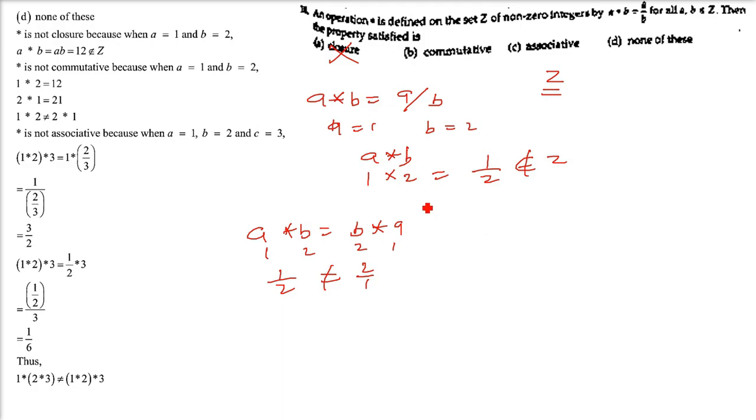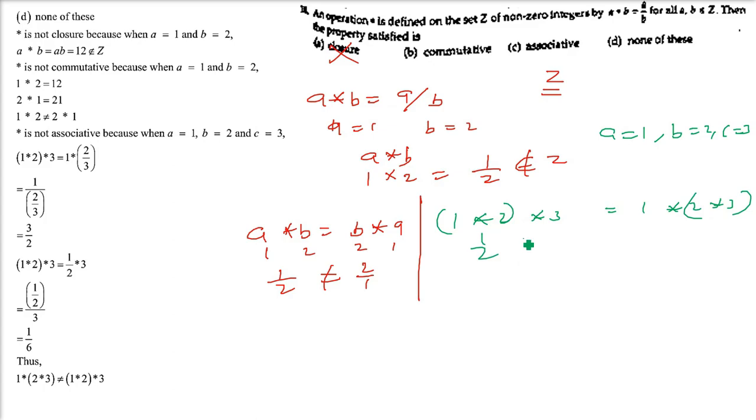Then we come to associative. What does it mean, associative? I'm just taking directly the values a as 1, b as 2, c as 3. You can take any value. Whether 1 star 2 star 3 is equal to 1 star 2 star 3, where we operate 1 and 2 first in one case and 2 and 3 later in the other. So 1 star 2 is 1 by 2, operated with 3, which is 1 by 2 divided by 3.